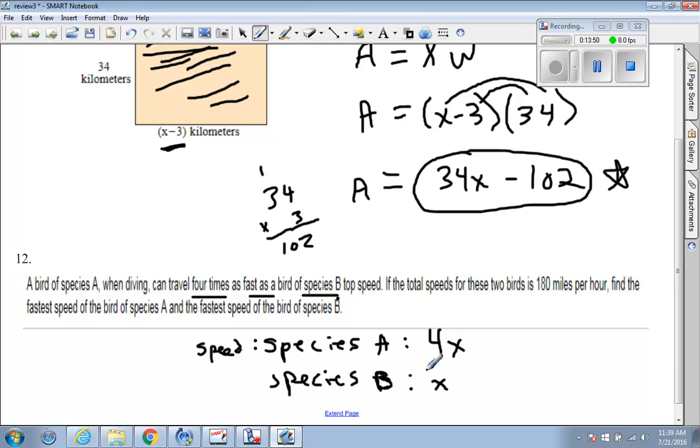So we have 2 expressions. Now let's see what we can translate further. The total speeds for the 2 birds is 180. Total, that's a keyword for add. All right, so then we know that this expression plus this expression has to equal the 180. So 4x plus x has to equal the 180.